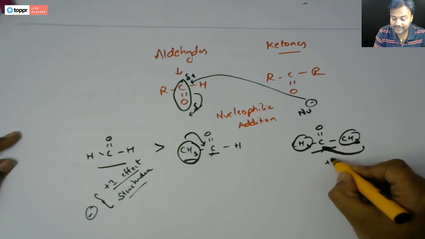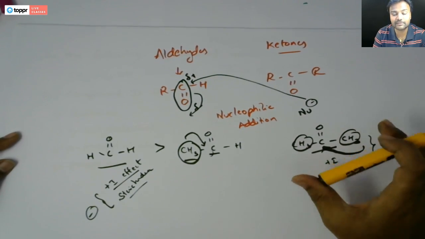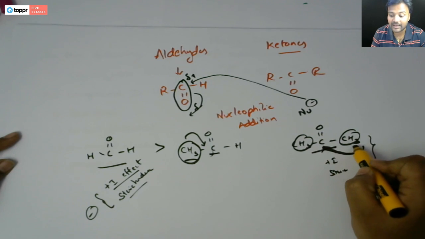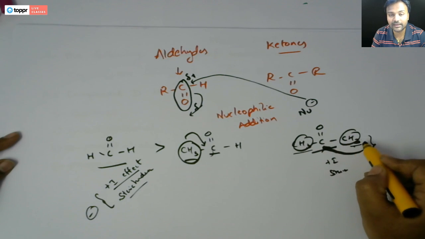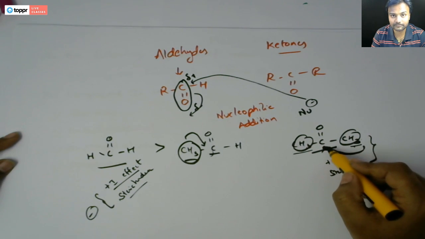Due to plus I effect and steric hindrance, nucleophilic addition in acetone is far lesser, because the methyl groups do not allow the nucleophile to attack this carbon, right?